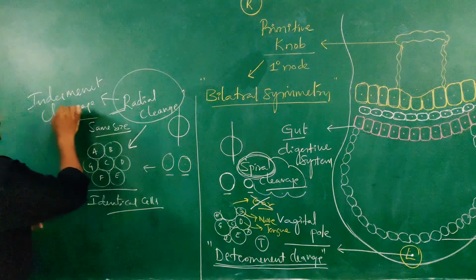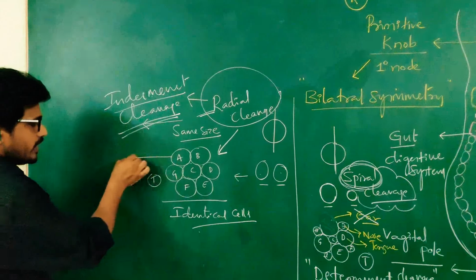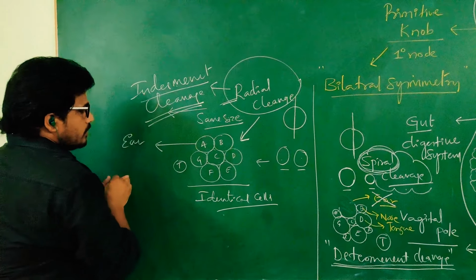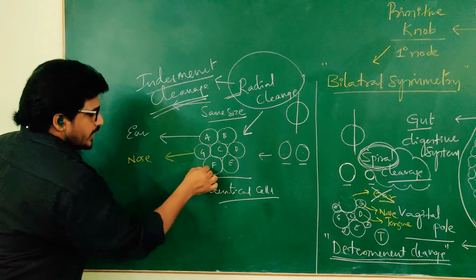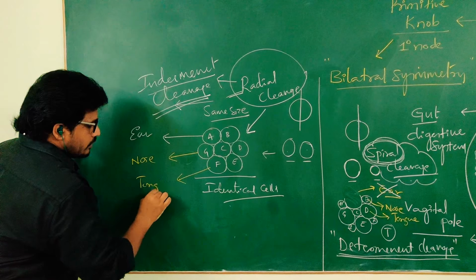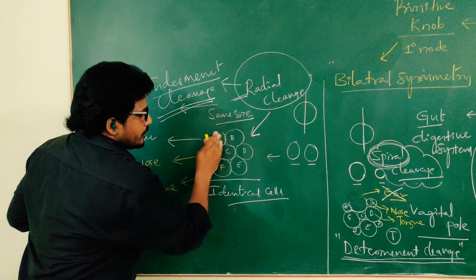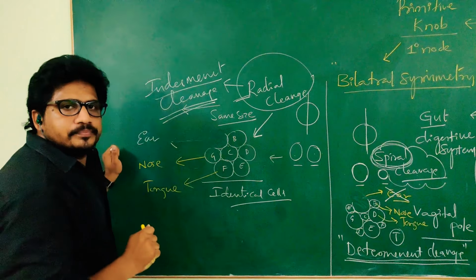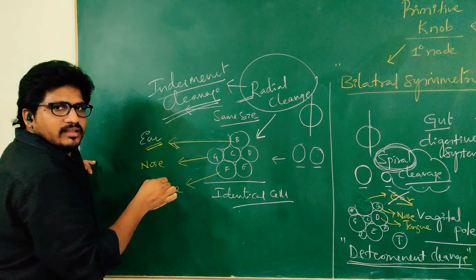But why did I say indeterminate cleavage? Suppose A gives the ear, G gives the nose, and F gives the tongue. An assumption: A cells are unexpectedly not arrived due to some problem. Then the ear will be produced by B. Why?